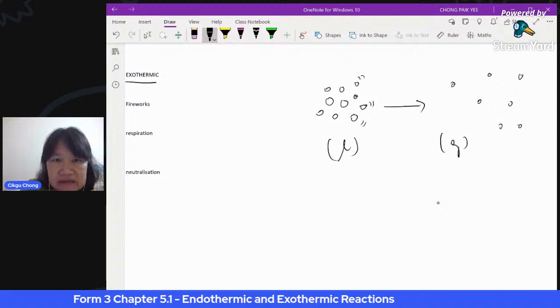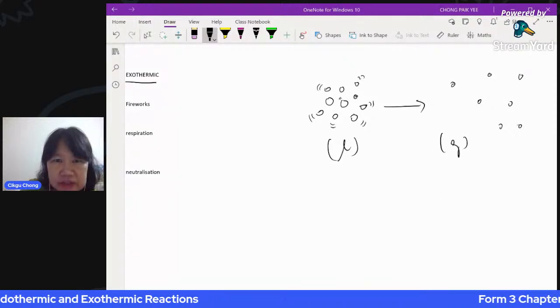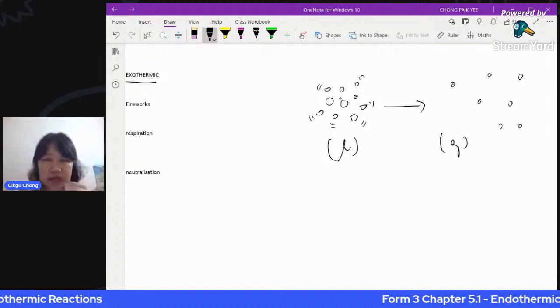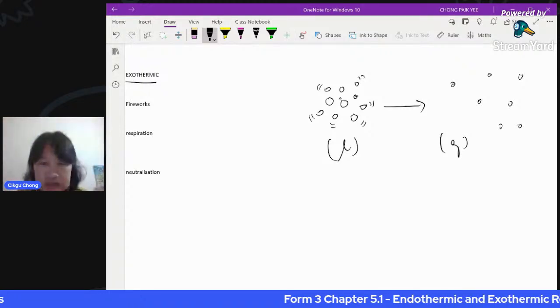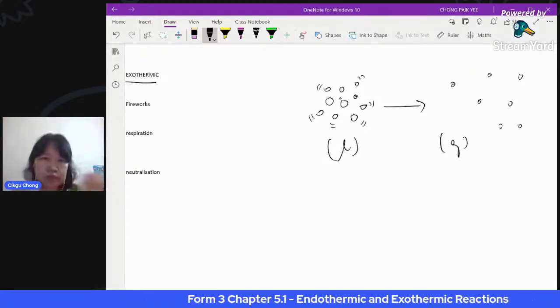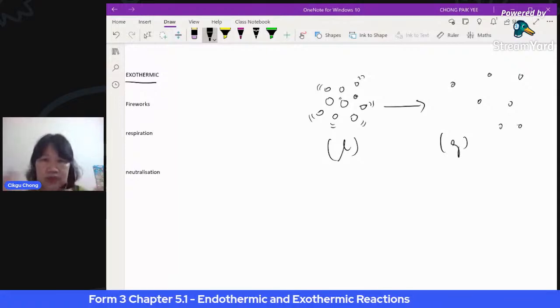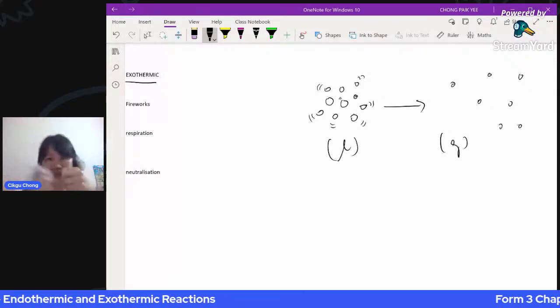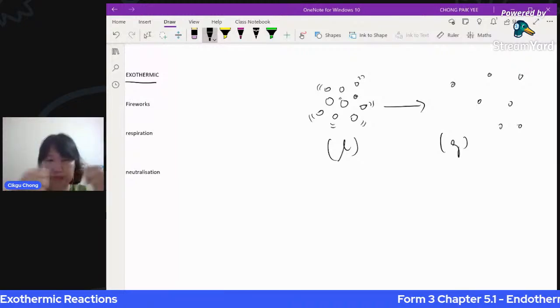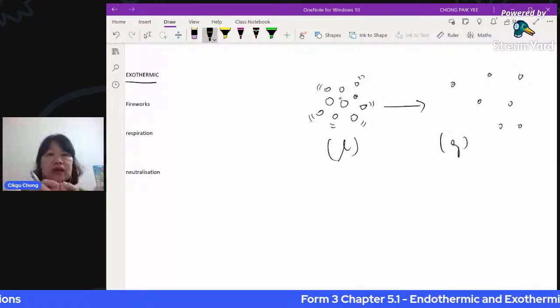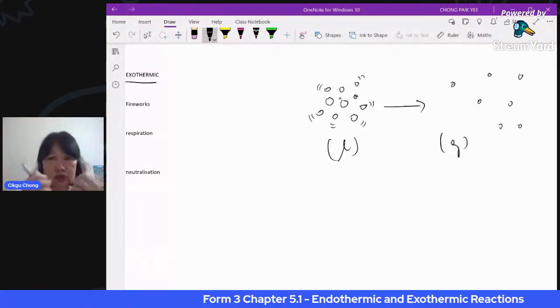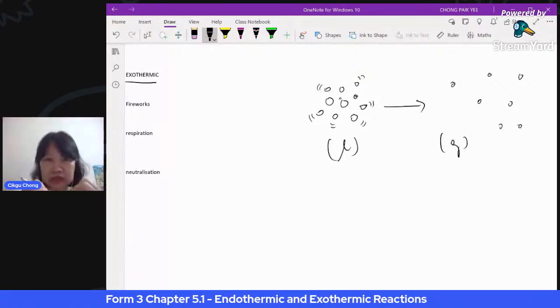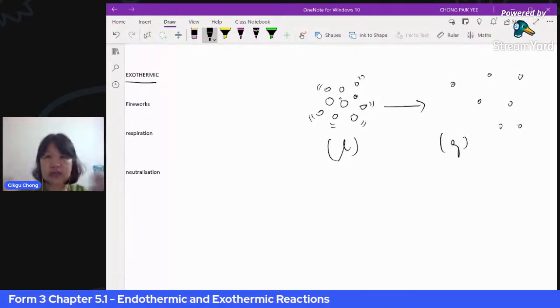Does the movement or vibration have to be more vigorous or less vigorous? Because it has to push away from each other. So when this liquid forms gas, they are moving further and further. They are pushing away until they can overcome the energy between the 2 molecules here. So they move away further and they become gas form.